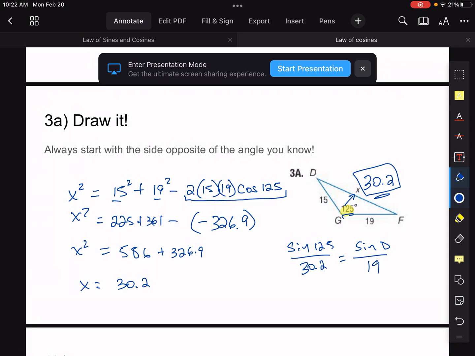You can cross multiply and solve for d, and then do the same thing for f. You could also use the law of cosines again if you didn't want the little bit of rounding error that comes from this rounded version. Okay, so that's 3a. Hopefully that made sense to you.